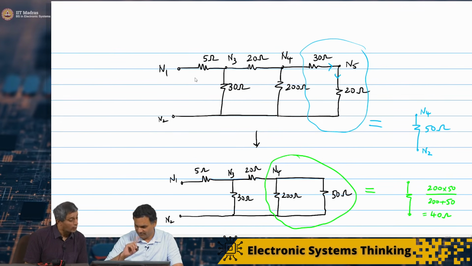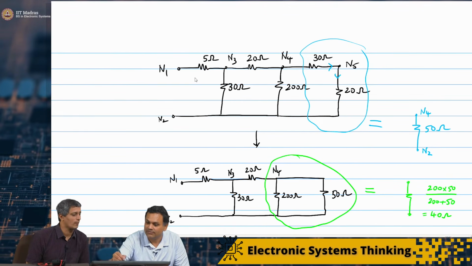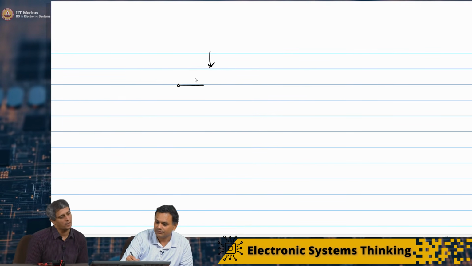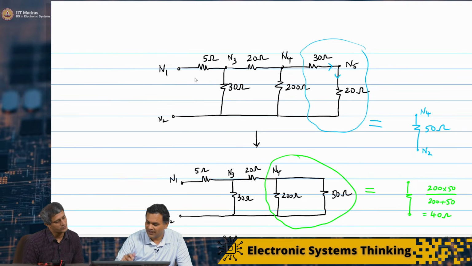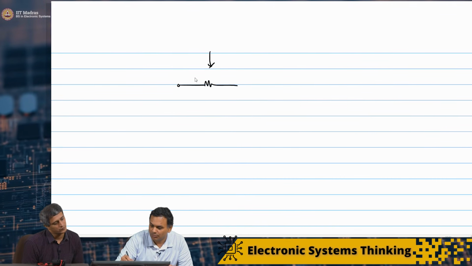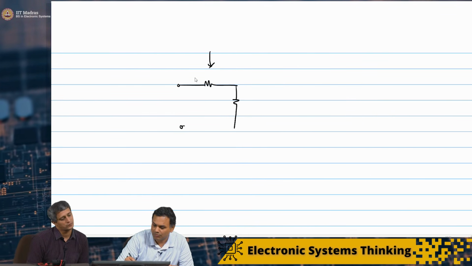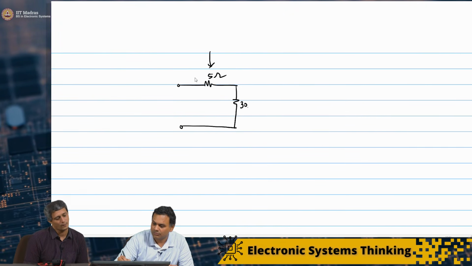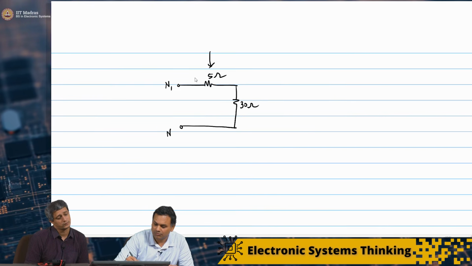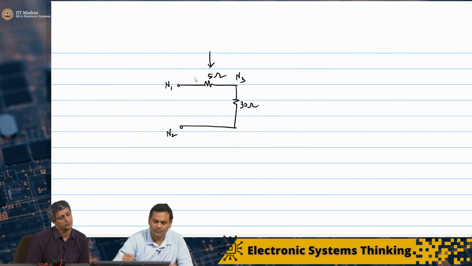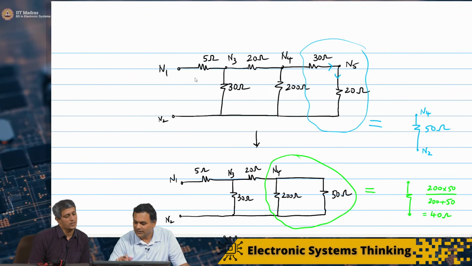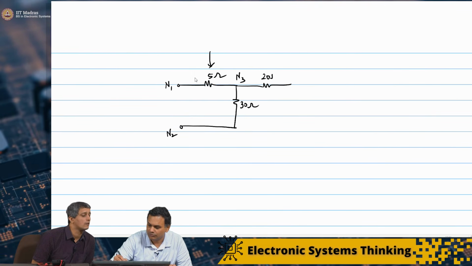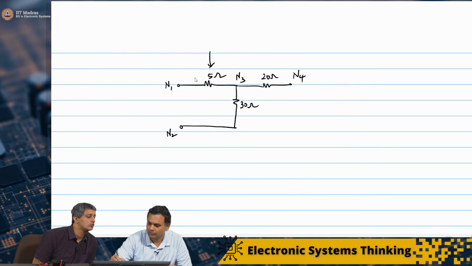So now we redraw this network. I'll move to the next page. So you have the 5 ohms and 30 ohms, and then I'll add 20 ohms between N2 and N4.